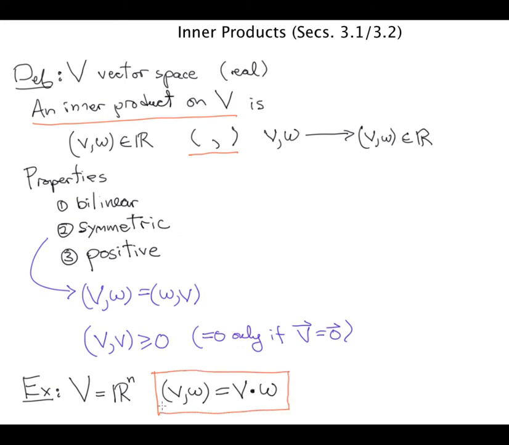You should think of that as the prototypical example, but there are others. Well, let's write down some examples. Let's just look at Rn and find examples besides the dot product.